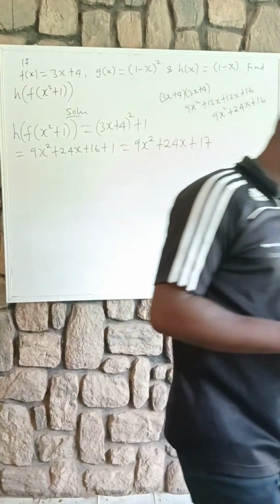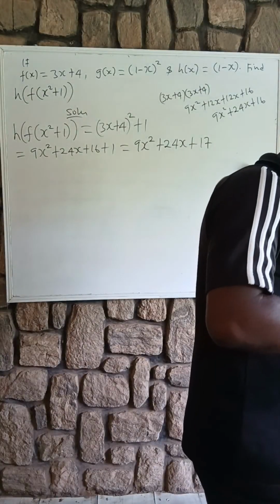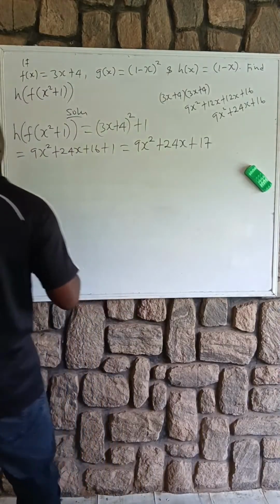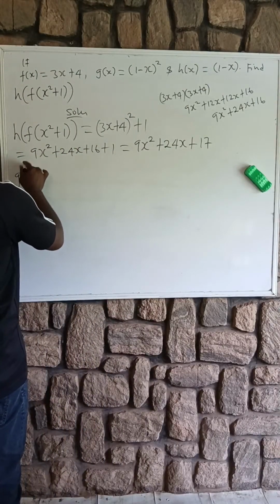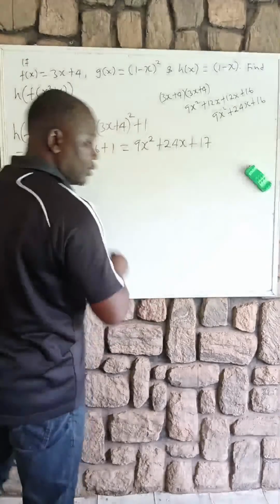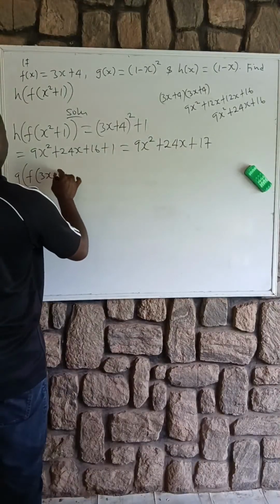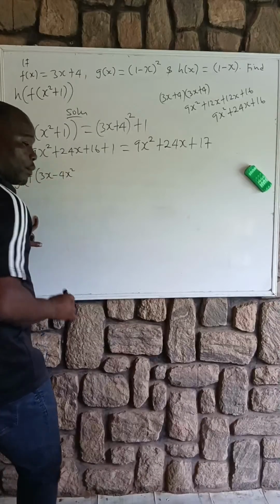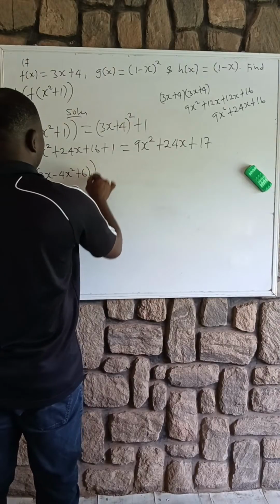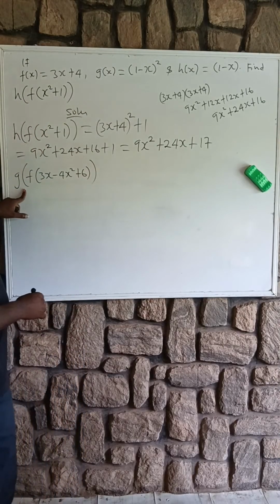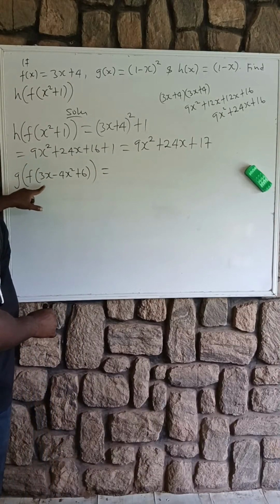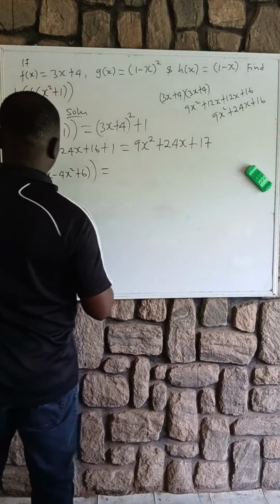Then another one is to consider this g of f of x, which is 3x minus 4x squared, right, plus 6 close bracket. So we substitute in f here.